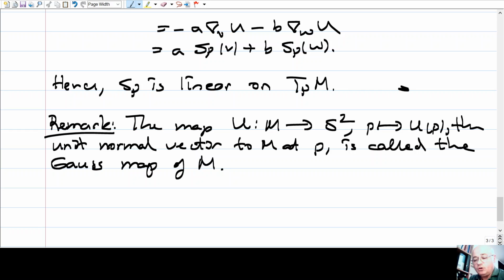Actually, one should be careful here. For a surface M, if it is orientable and connected, there are two choices of Gauss maps. If we have one Gauss map, then you can just choose minus of that map.